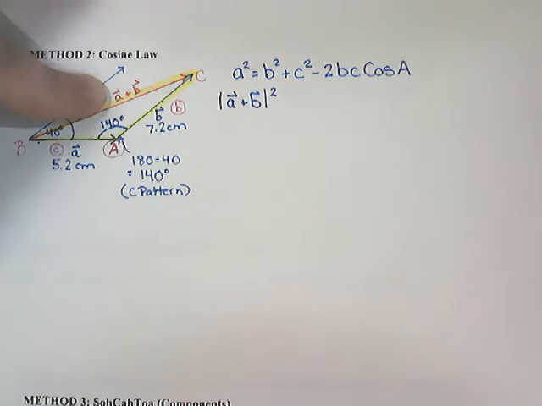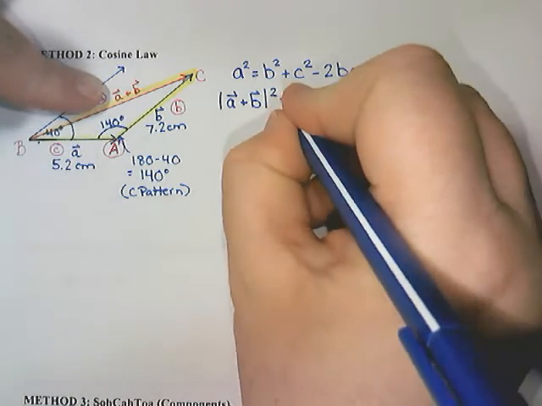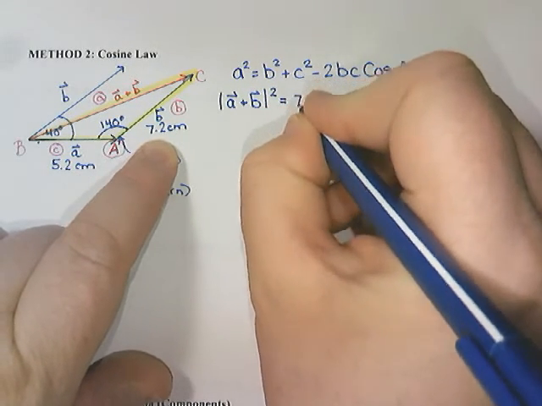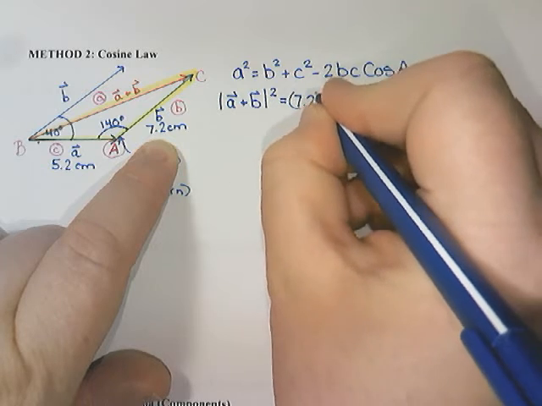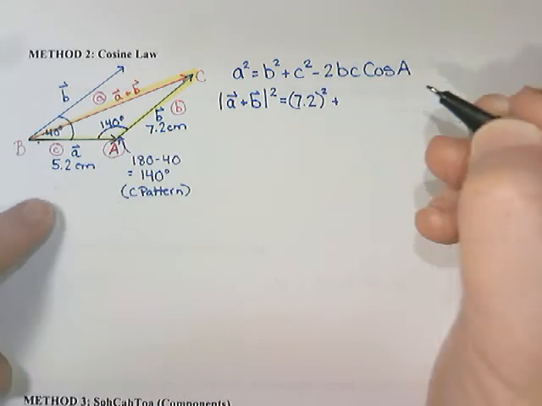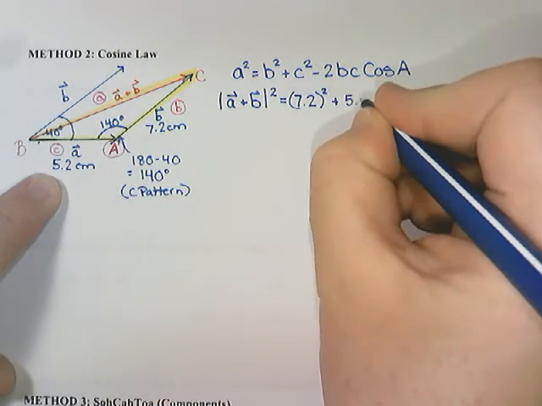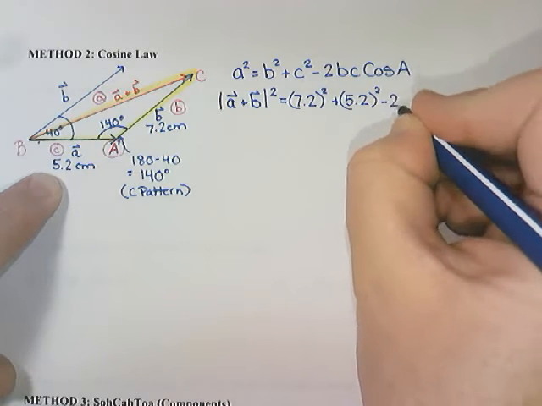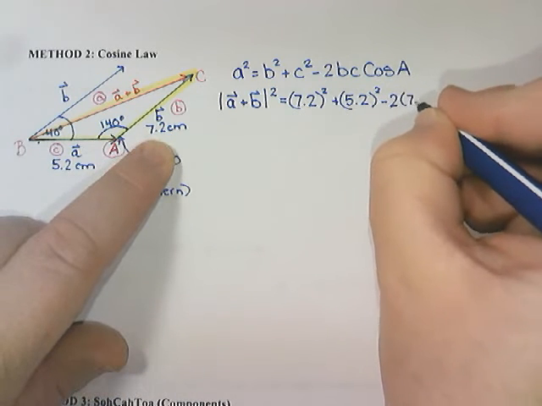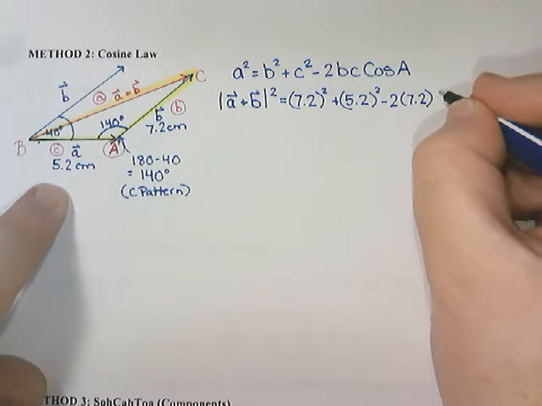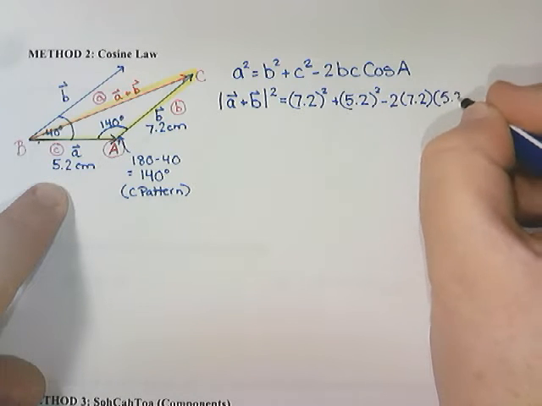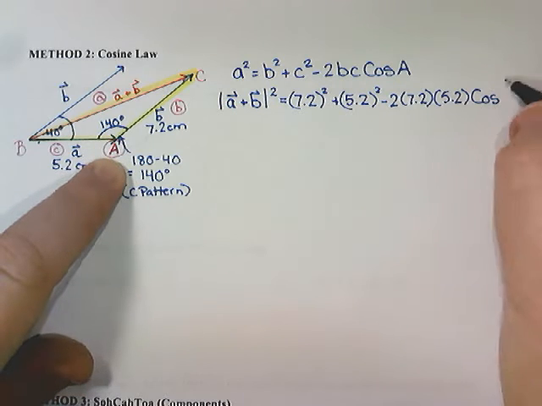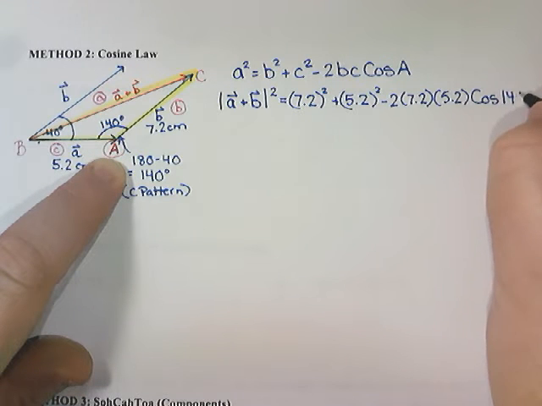So the magnitude of A plus B squared equals B, that's this side, 7.2 squared, plus C, that's this side, 5.2 squared, and then minus 2 times B, 7.2, times C, 5.2, times cosine of A, which is 140 degrees.